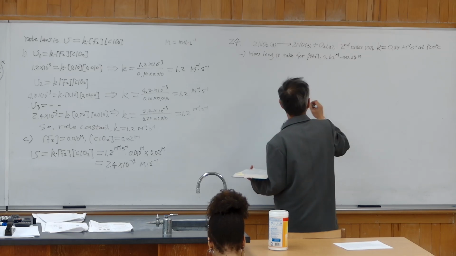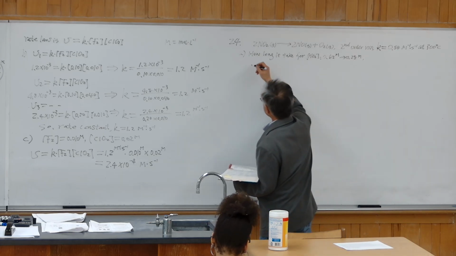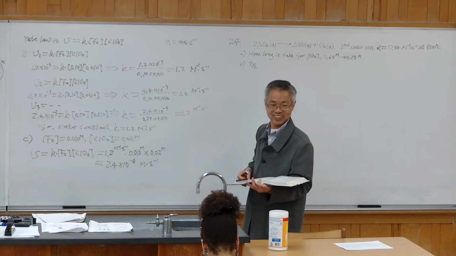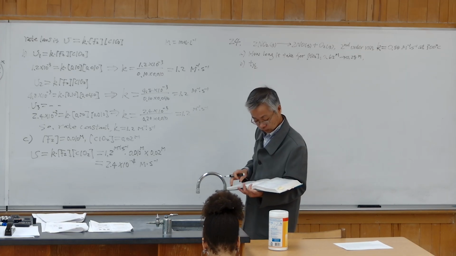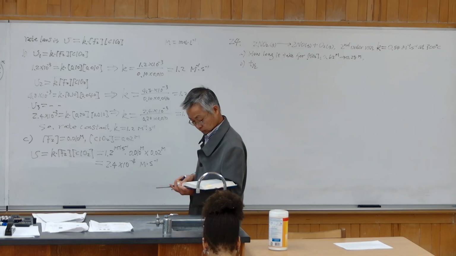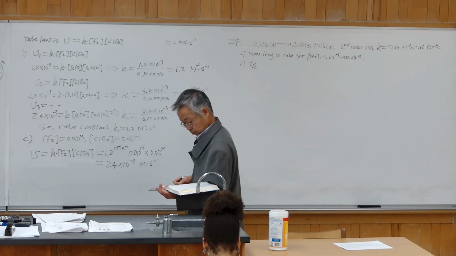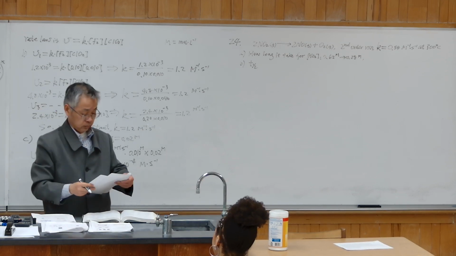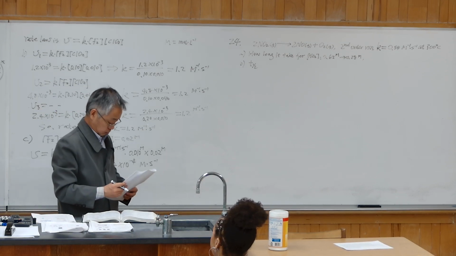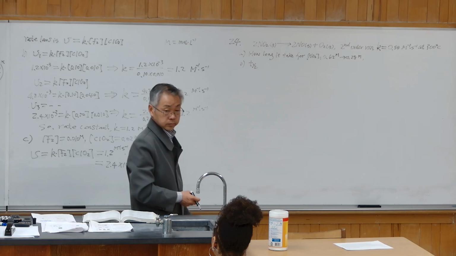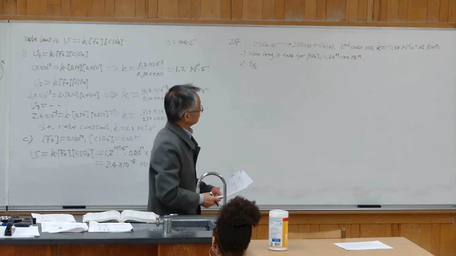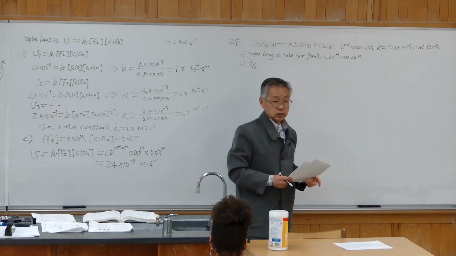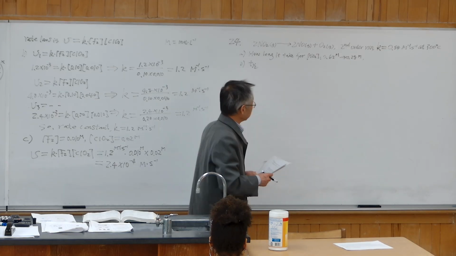And B, also calculate the half-life. The concentration decreases from this value to this value, which means we need an integrated rate law.